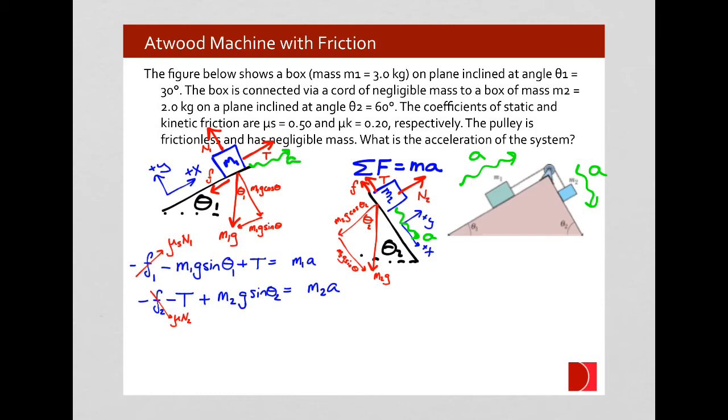So as we did before, we will add these two equations, and I'll go ahead and plug in. We have the normal forces. The normal force in each case is balancing out the vertical component, or the perpendicular component of gravity. So I'll go ahead and put those values in as well.